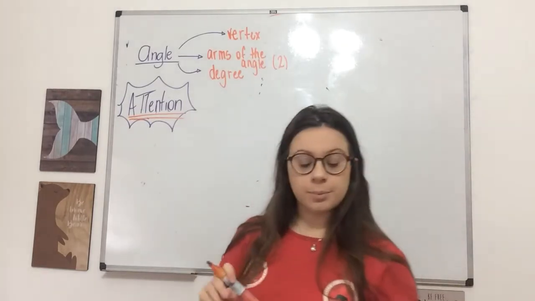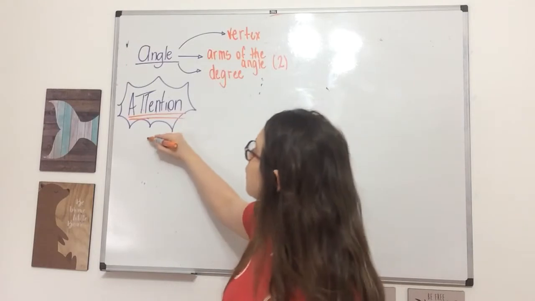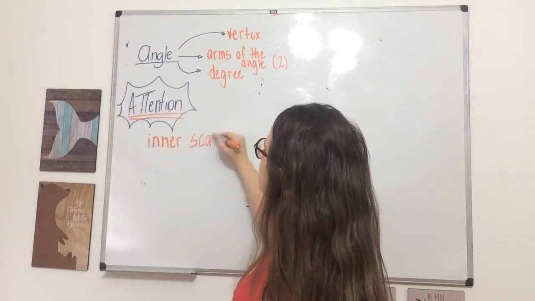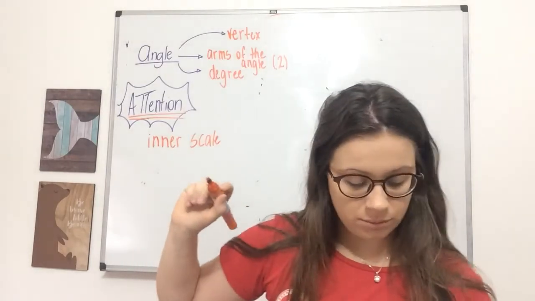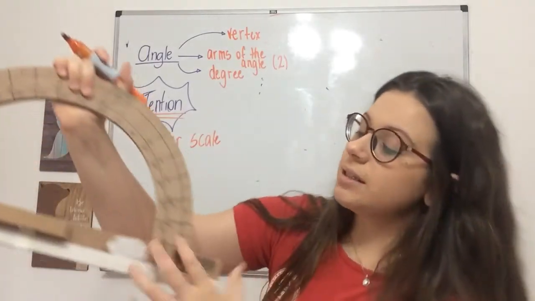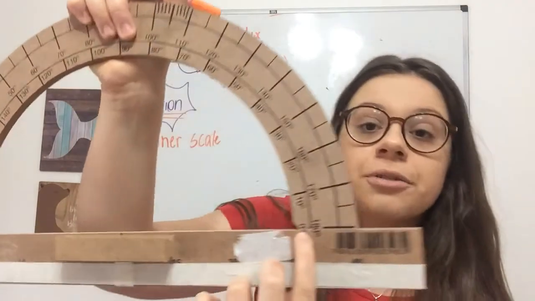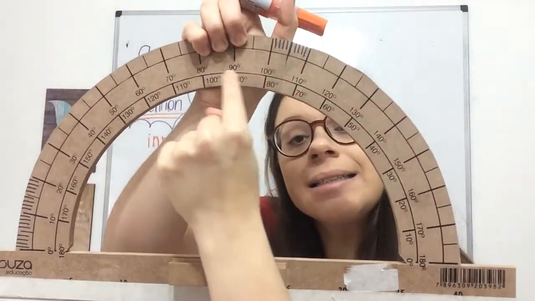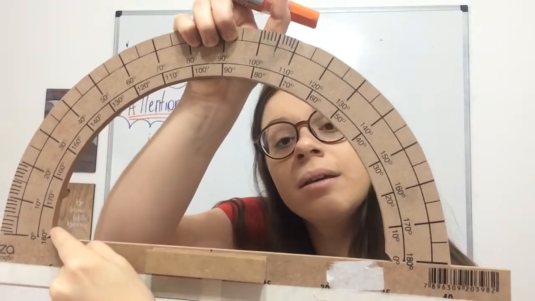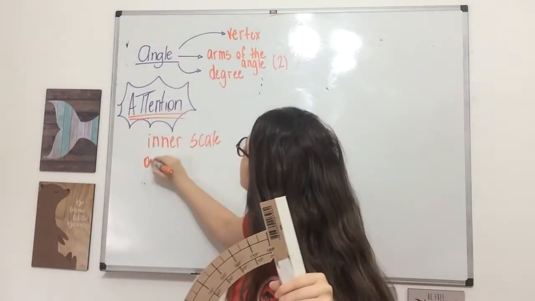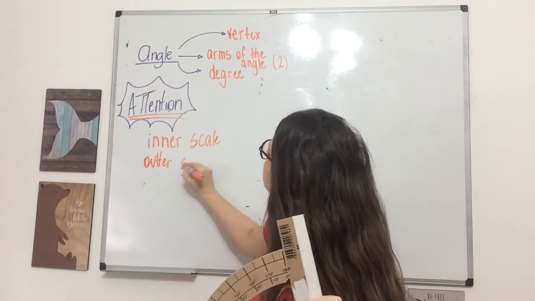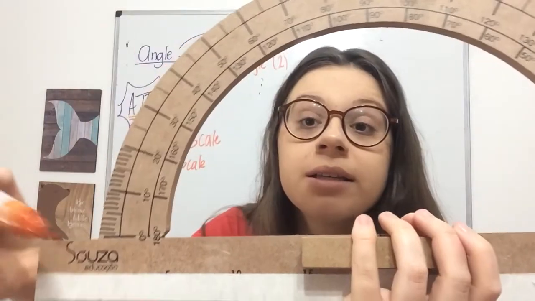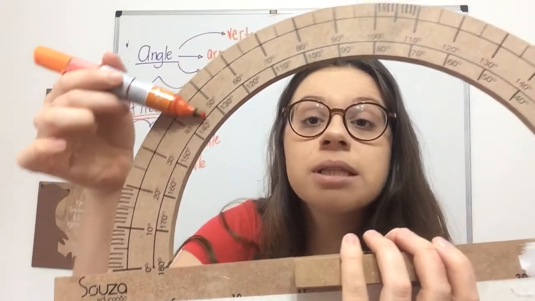We saw in our protractor that we have something called the inner scale. That is when the zero starts on the scale inside. Okay? And we have the outer scale. That's when the scale starts outside.